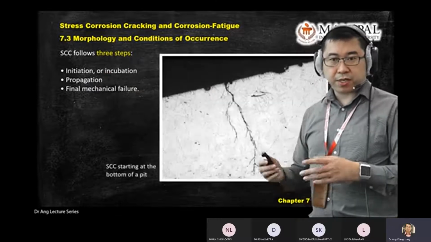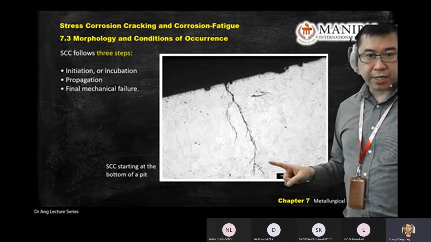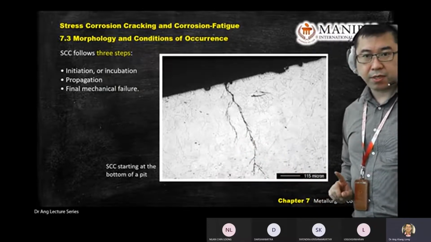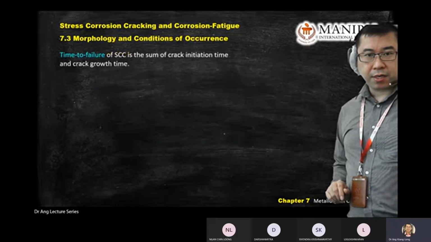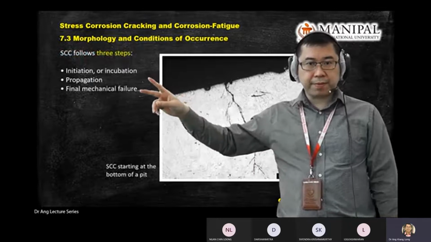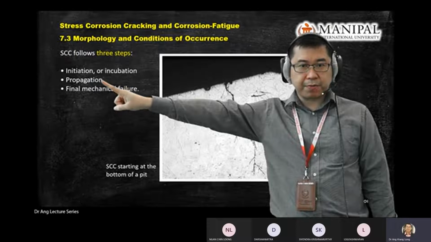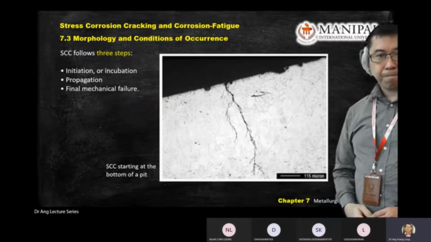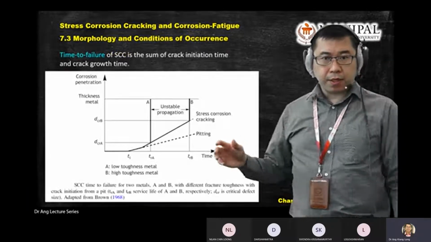Each one of these, you can see in this picture: SCC from the bottom of the pit. So 3 steps of SCC: incubation or initiation, propagation, and final mechanical failure.